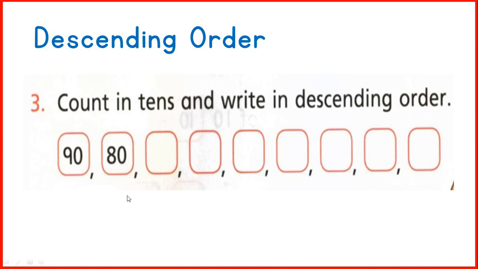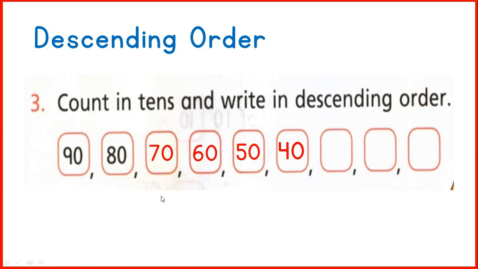Now attempt question number 3. Count in tens and write in descending order. Here you have to write the descending order. Before 90 what comes? 80. And before 80 what 10 comes? 70. Yes, you write 70. Then the smaller number is 60. Then the smaller one, 50.